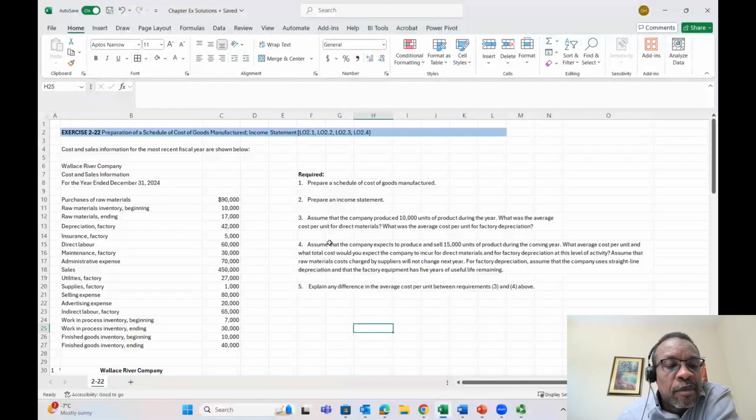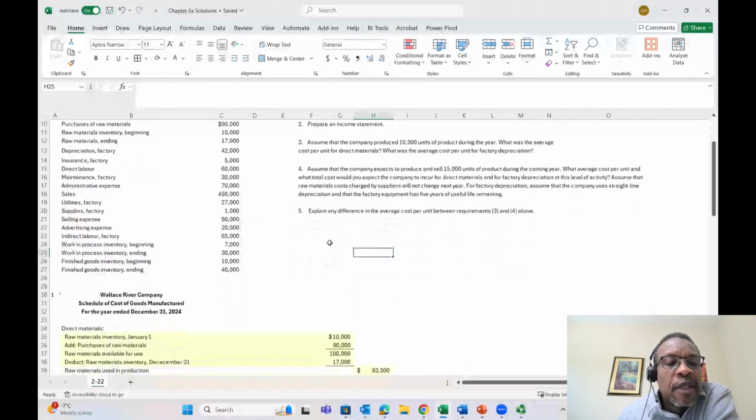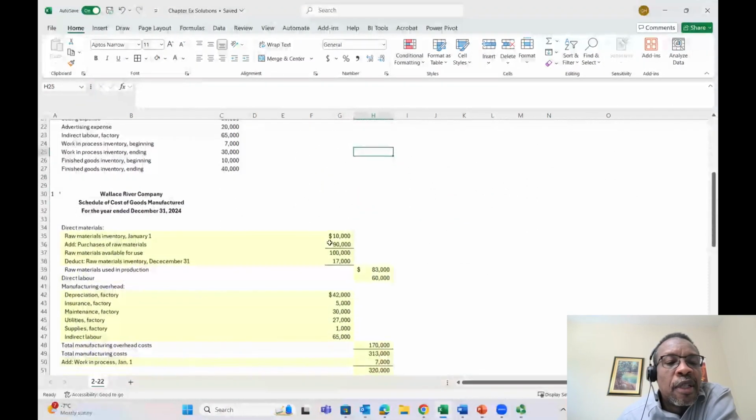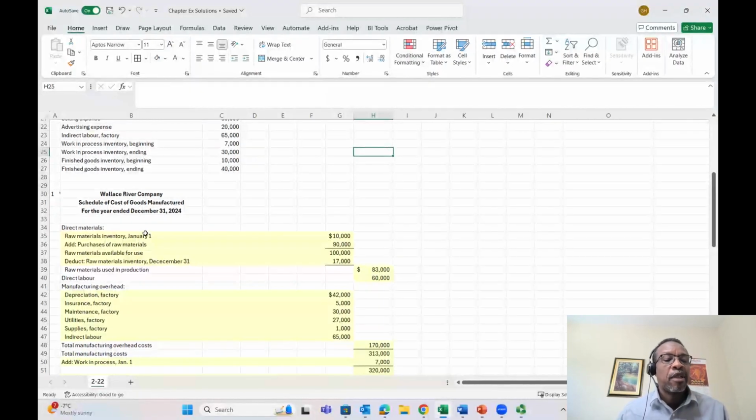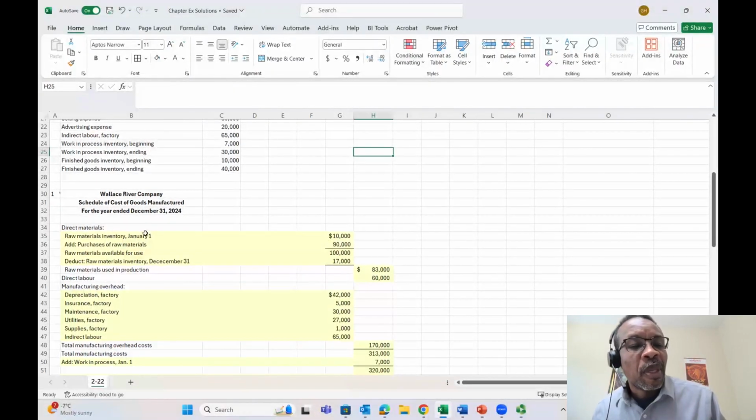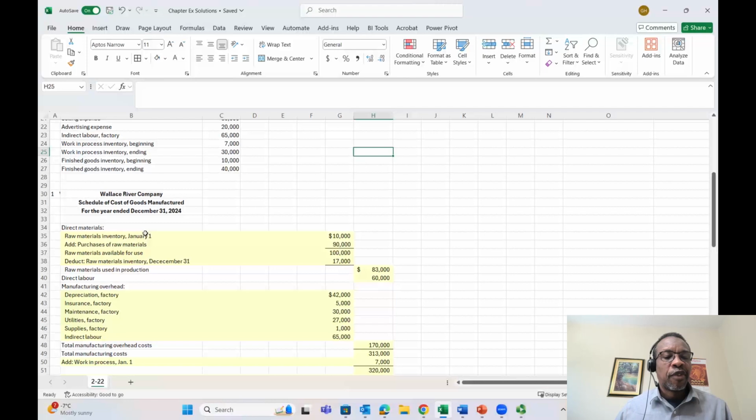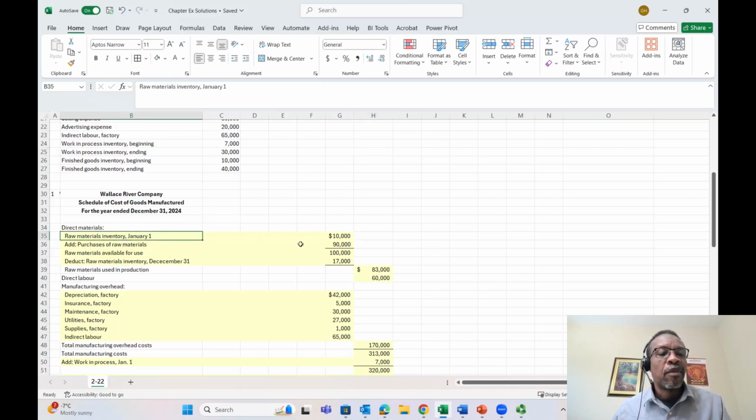All right. So here is the solution for the schedule of cost of goods manufactured. We're going to start with direct materials, because it's usually the first thing that gets transferred out into work in process, right? So we have raw materials at the beginning of January of 10,000. Then the company purchased new raw materials, 90,000.